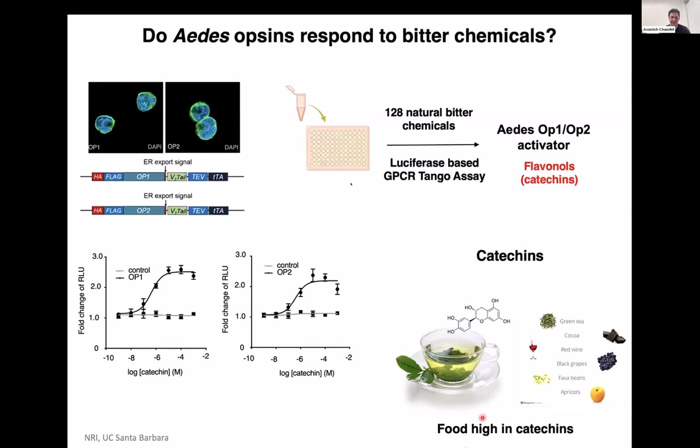But I'm not sure about the green tea, because we don't know what effective concentration will reach the skin, whether that is enough to repel mosquitoes, and how the catechin is metabolized inside our system. So that is something interesting, but it will be a little tough to do that kind of experiments.